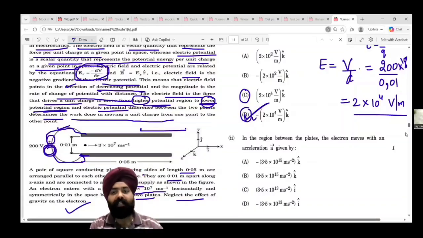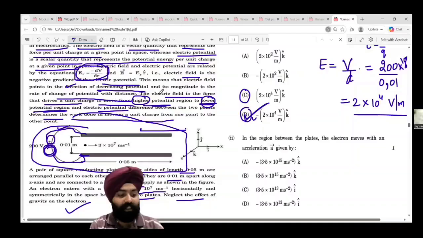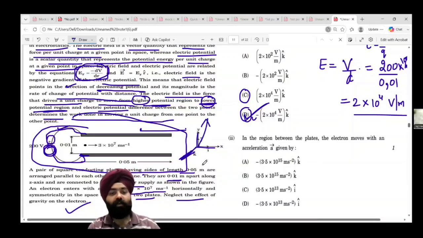D option is your correct answer. Done. This was in your xy plane. Z axis in the upward direction is pointing towards a minus k cap direction. तो negative. Done.